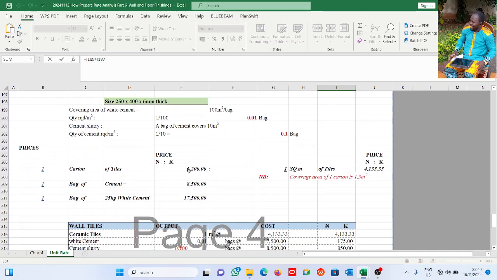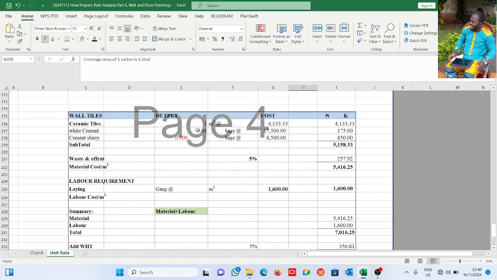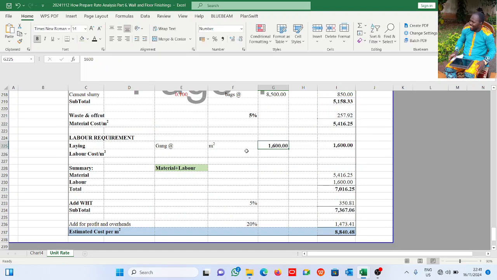All right, now this goes for 6,200. Of course, cement is this. Then we need white cement also. Coverage area is 1.5 square meters. All right, so this is 0.01, just the same thing we did up there. Then we add for waste and off court. Then the labor part, we're using 1,500.